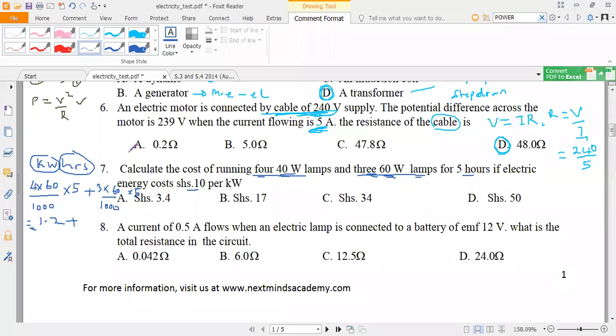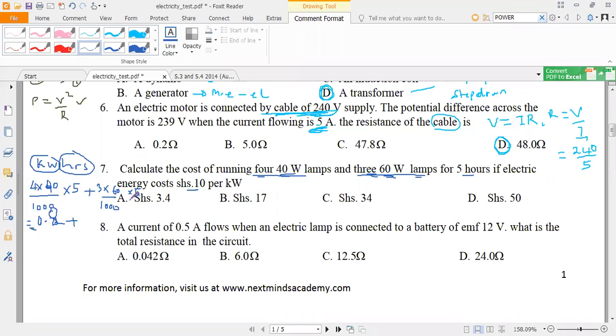Maybe we can change it because we are not too late. So if we change that to 40, we shall have 4 times 40 multiplied by 5, which is 800 divided by 1,000, which is 0.8. Yeah, so always pay attention not to mess up.